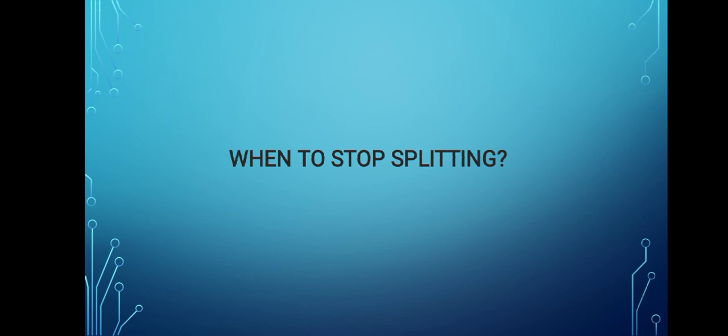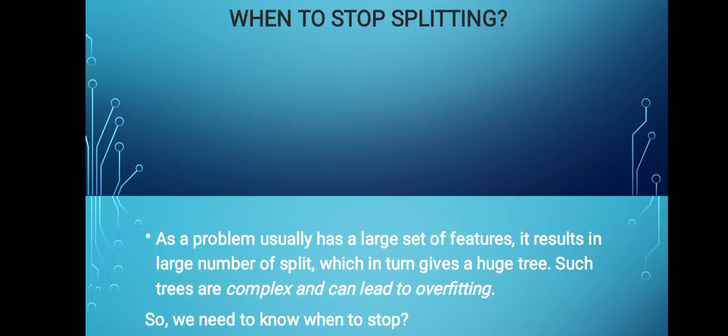So, when to stop splitting? If you continue to grow a tree fully until each leaf node has one training input, then it leads to overfitting.